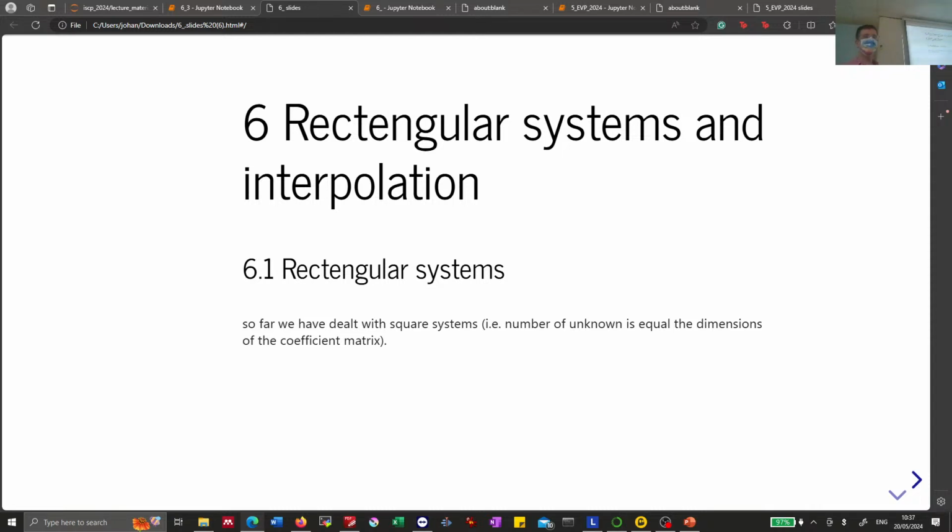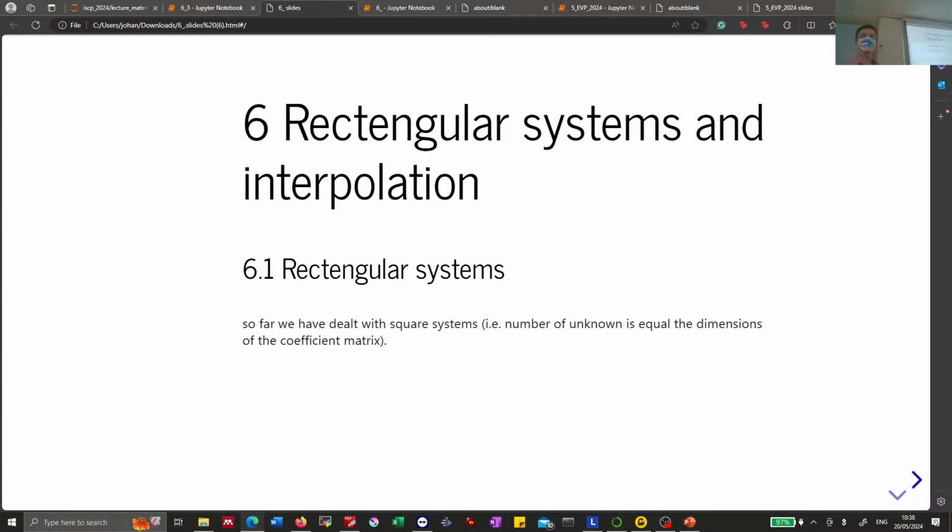Doing a little bit of linear algebra on quadratic systems, finding the inverse of a matrix, solving systems of linear equations that are fully determined, working with nonlinear equations, finding roots.